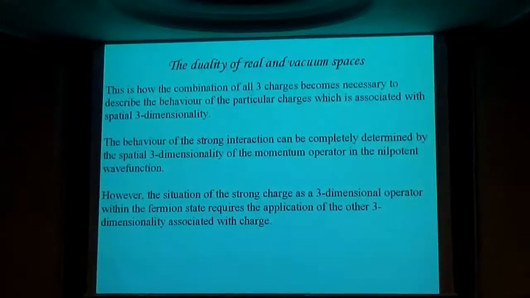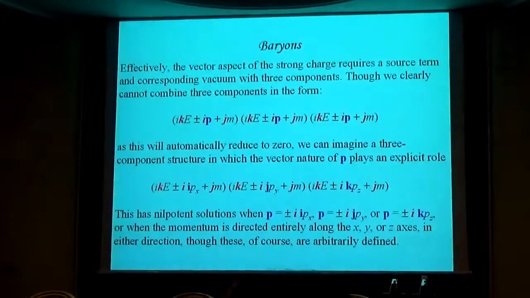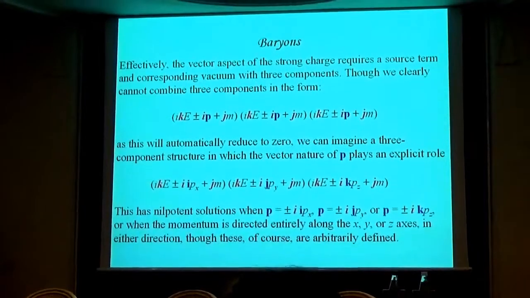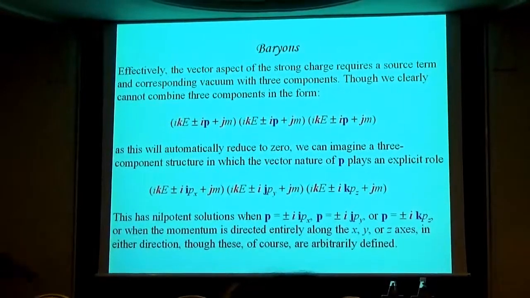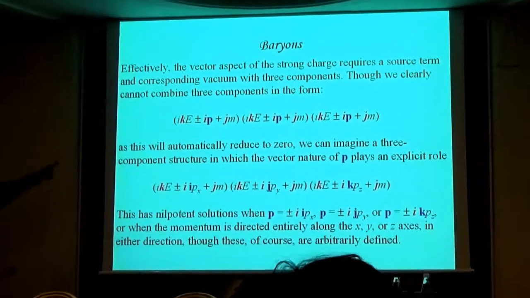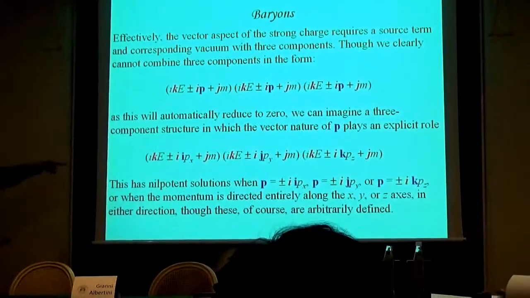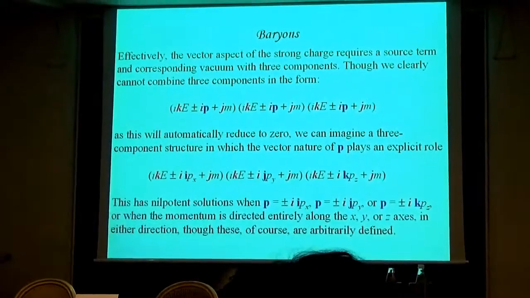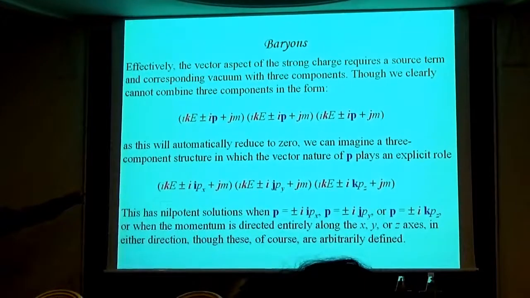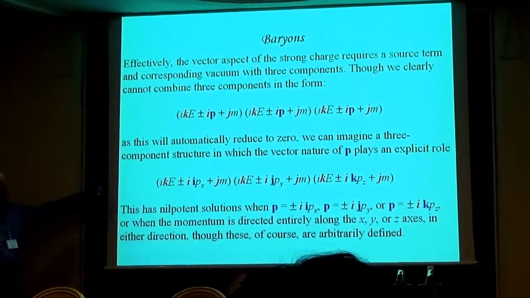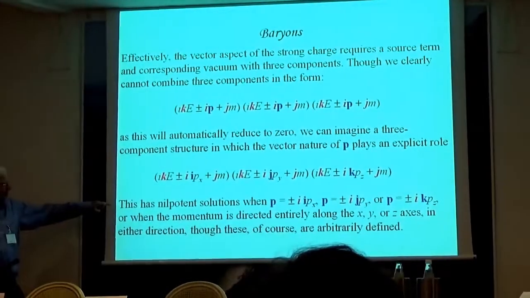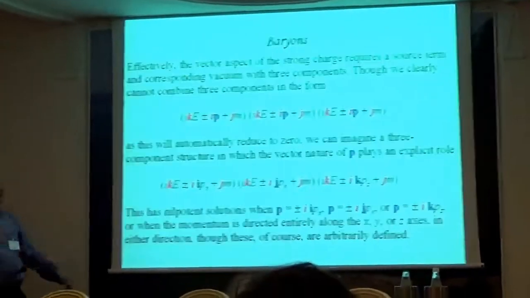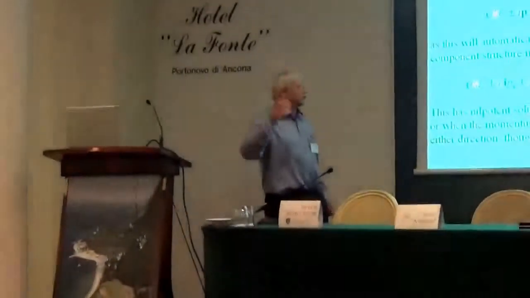I'm going to skip some of this because I'm now going to say, let's try and write down a three-component wave function, so a baryon. We can't write that because it's immediately zero, but we can write that. And I've been able to show that this must be what it looks like. And it's got solutions for 6 states or combinations of 6 states.